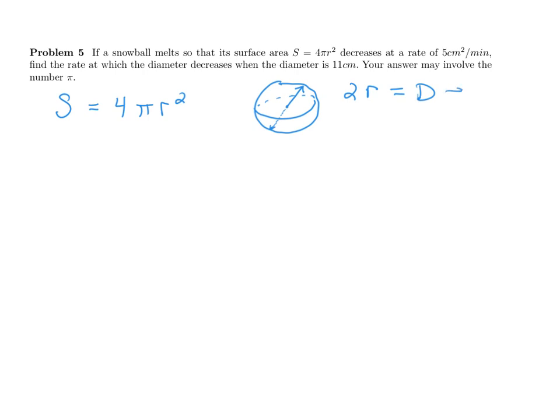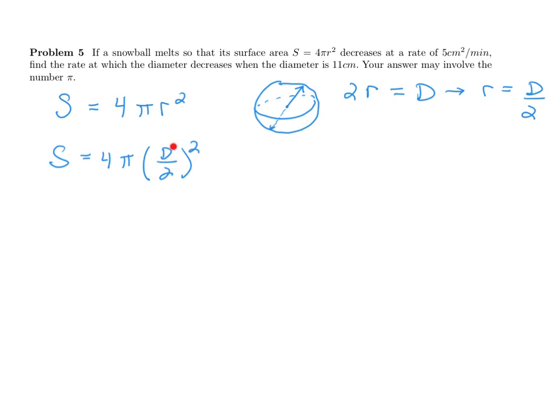So I'm going to take this equation and actually solve it for r by dividing both sides by 2. I'm now going to take D over 2 and put it in place of r. So S is equal to 4 pi times the radius, which is really half the diameter, squared.